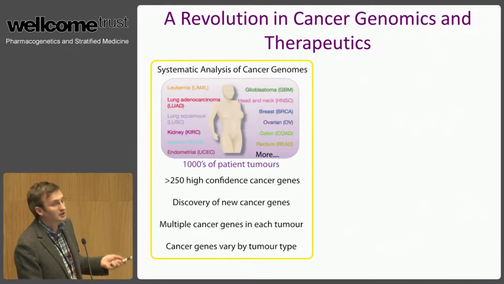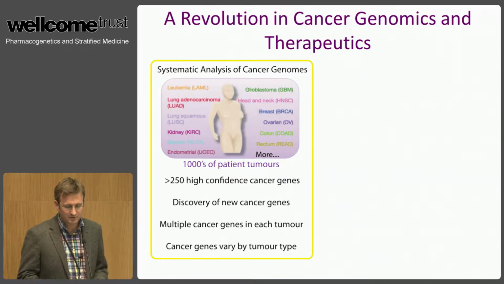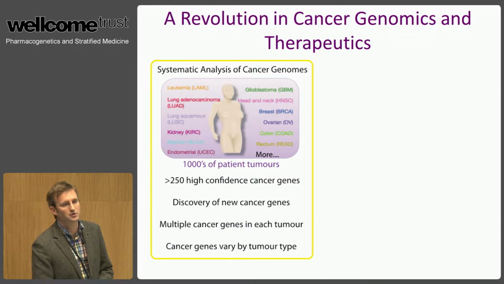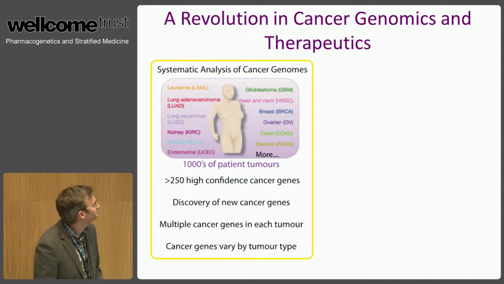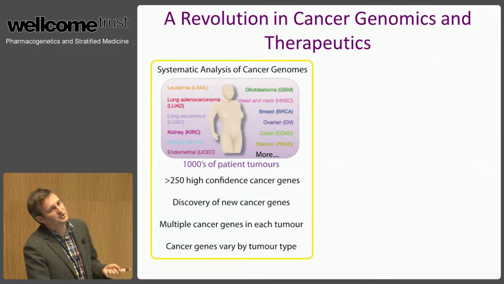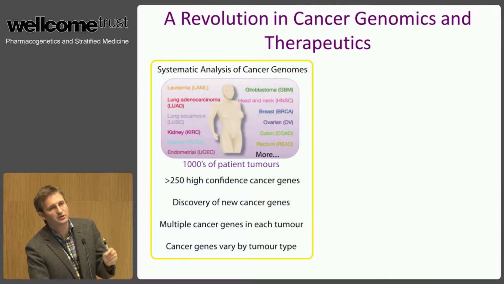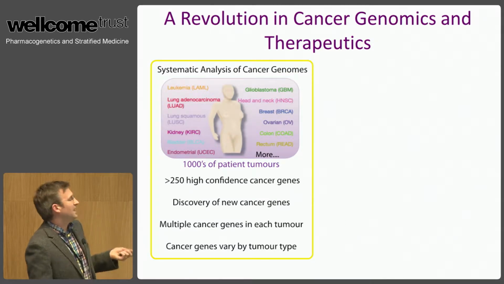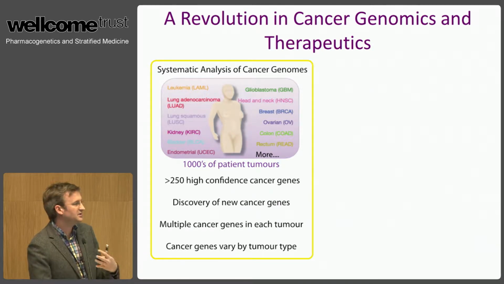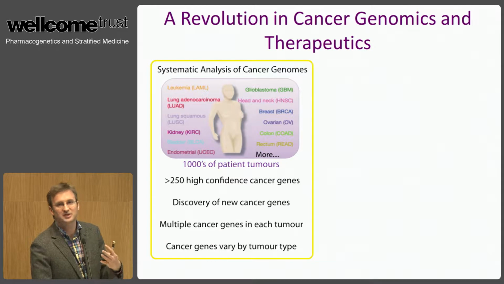But we are discovering new genes all the time, particularly as new tumor types are sequenced and as larger cohorts of patients are sequenced. And we now know, or at least we've really confirmed what was established to some extent, that there are multiple cancer genes within each and every tumor, and that the constellation of different genetic changes varies considerably by each tumor type.